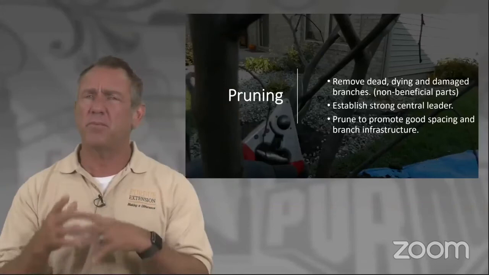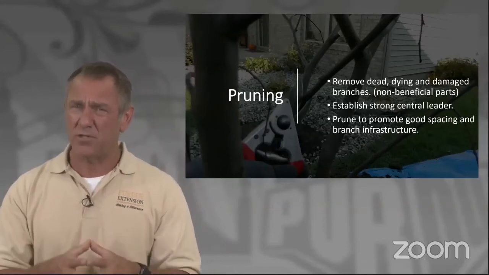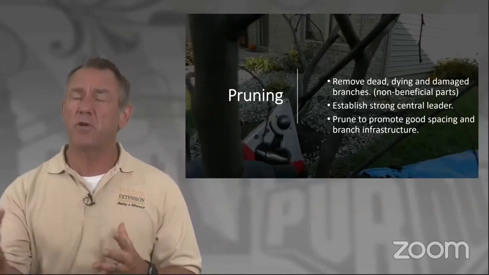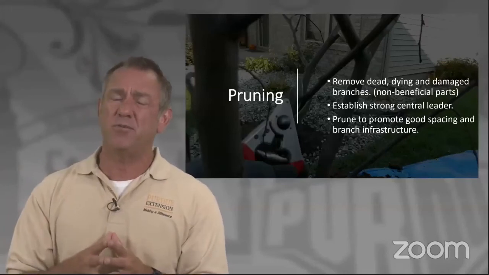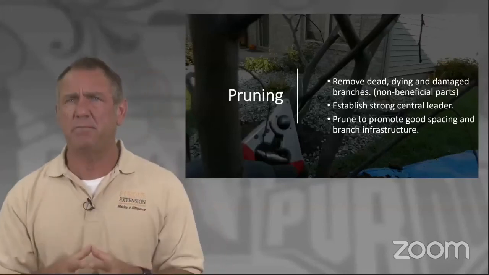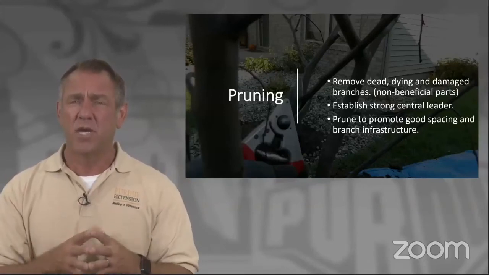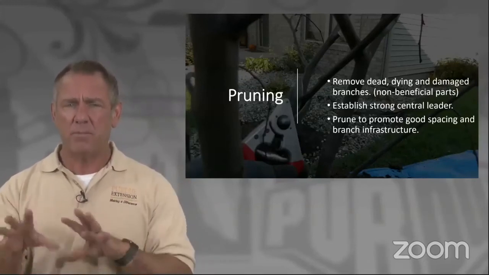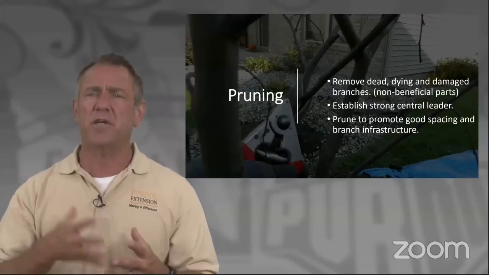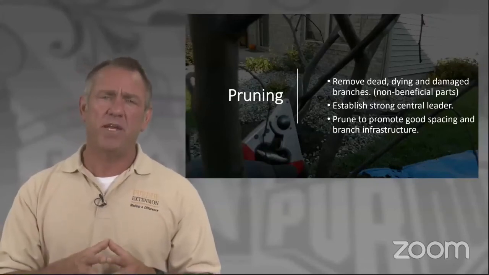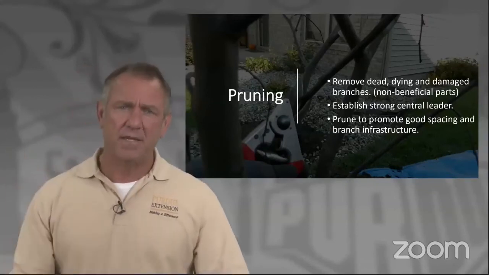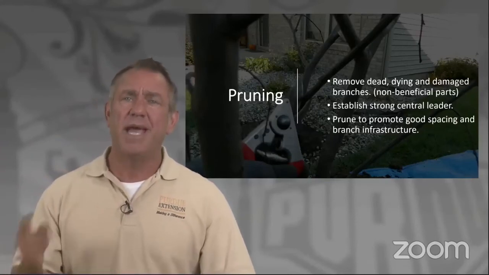But we only want to prune as much as we need to accomplish our goals here. Remember, if we're removing a lot of live green tissue, we're actually removing that tree's ability to generate food and energy resources for establishment. So we want to prune to promote good structure and good spacing and remove anything that's been damaged. Those are the key things as far as pruning at planting.